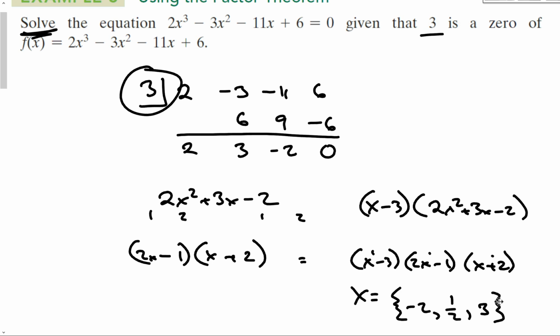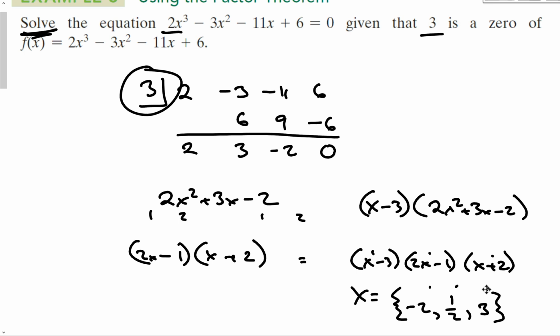And then I can also use what I learned last time, that the leading coefficient is 2 and the function has an odd exponent, which means it's going to fall to the left, rise to the right. I know that the graph is going to go straight through the x-axis at those 3 points because none of them repeat.